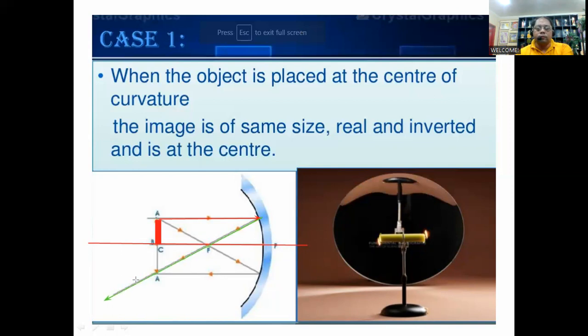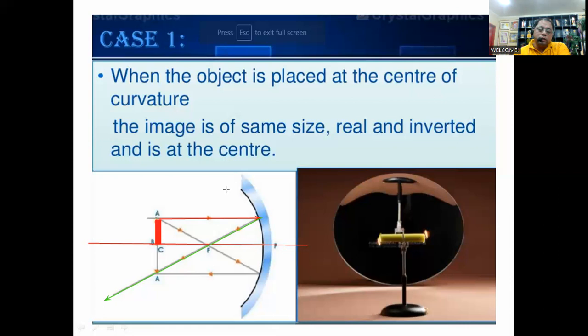Again, any light that is parallel to the principal axis will always reflect to the focus. Now again, for us to form an image, all that we need is an intersection of reflected light.